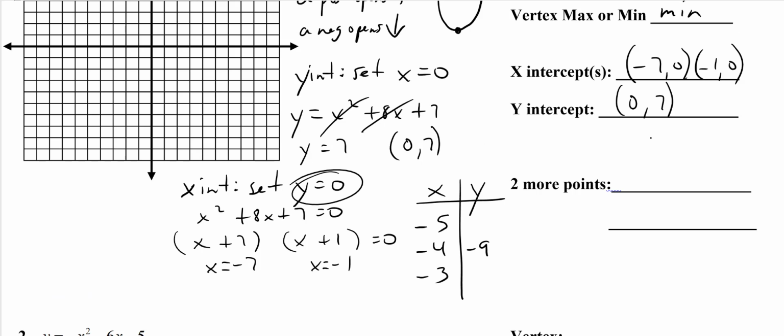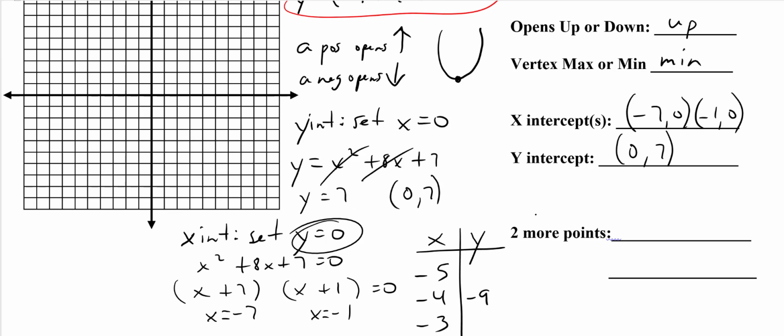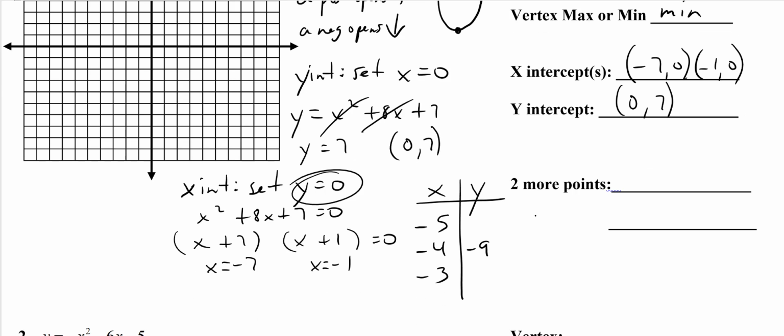If one of those points happens to be an x-intercept or y-intercept and that doesn't give me additional points, you want to go the same distance away. So see how that's one less and one more? If you had to do -6 and -2, that's the same distance away from the vertex. But you always need to plot this vertex first and then pick points on either side of it. Sometimes one away, sometimes 2 away. Usually no more than 2 away.